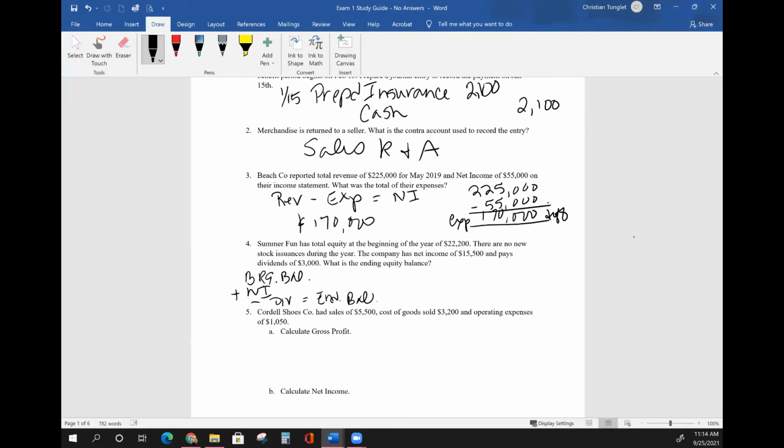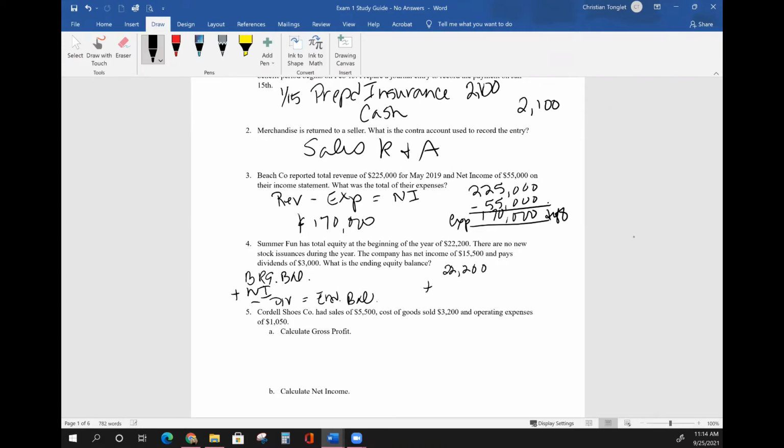Okay, so we're going to look to see what numbers we have and plug those in. So the beginning retained earnings plus the net income less the dividends equals my ending equity, or my ending retained earnings. Beginning of the year was 22,200.